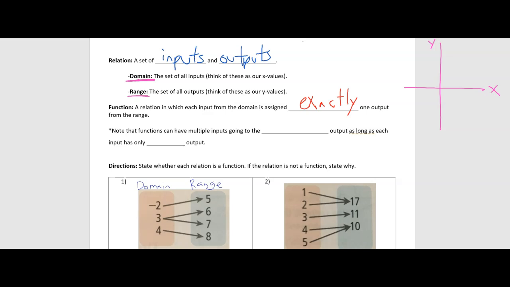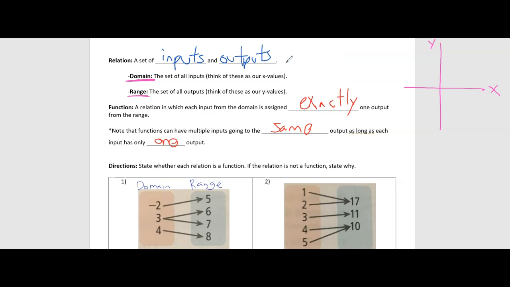There can only be exactly 1 arrow going from an input to an output. An input can only have 1 output. That being said, you can have multiple inputs that have the same output, as long as each input has only 1 output.